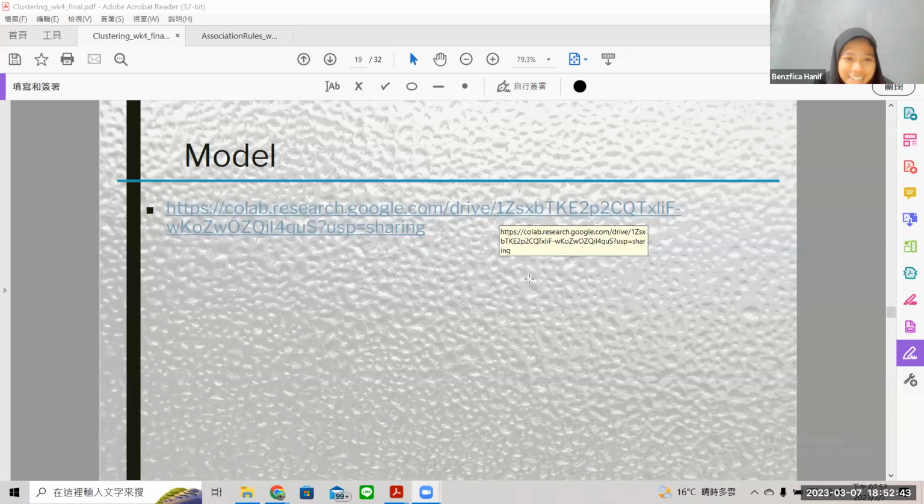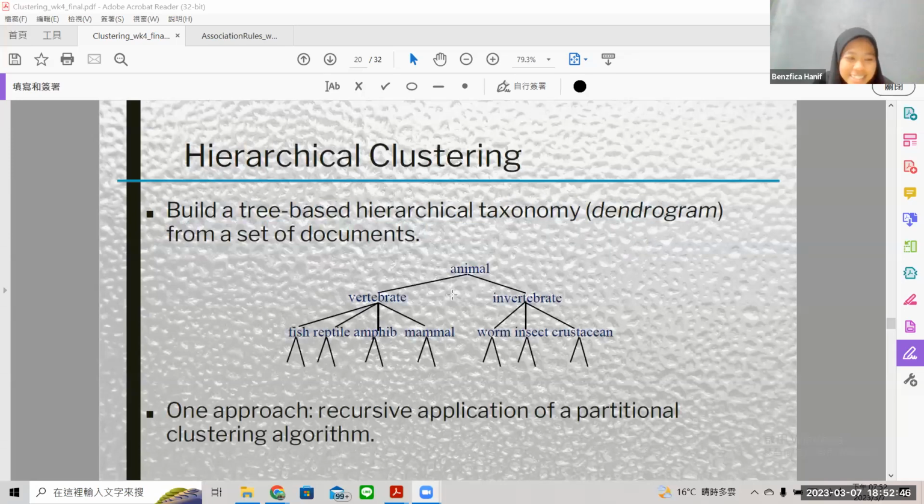Okay, now I am talking about the next topic, hierarchical clustering. It's an unsupervised clustering. For example, animals: maybe you collect a lot of animal data sets.